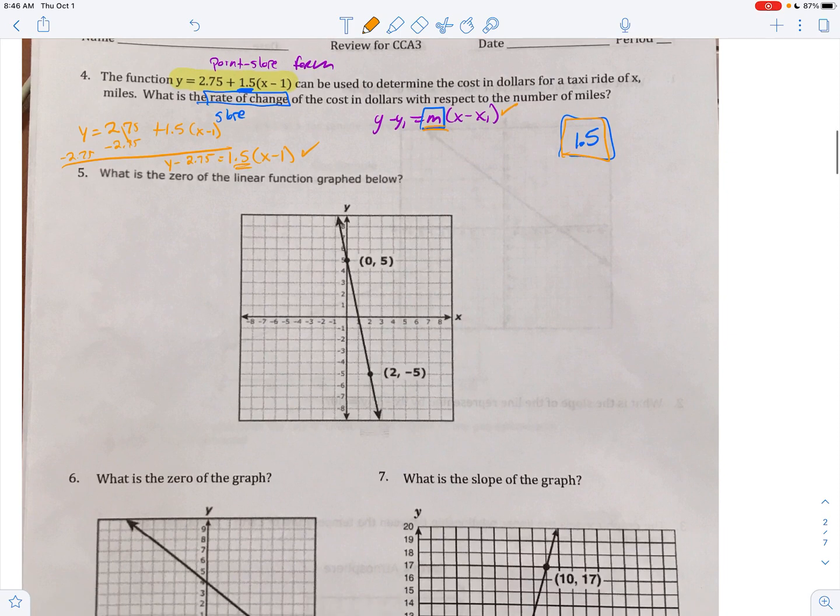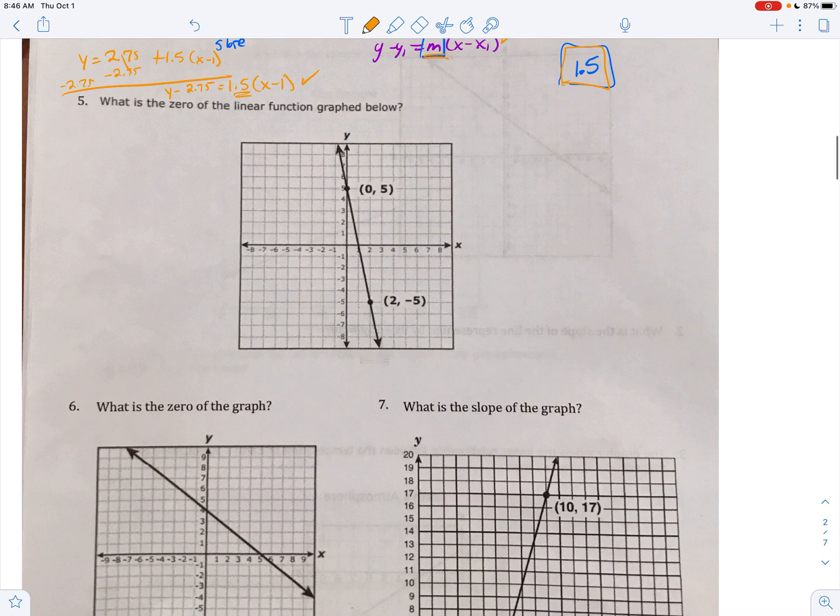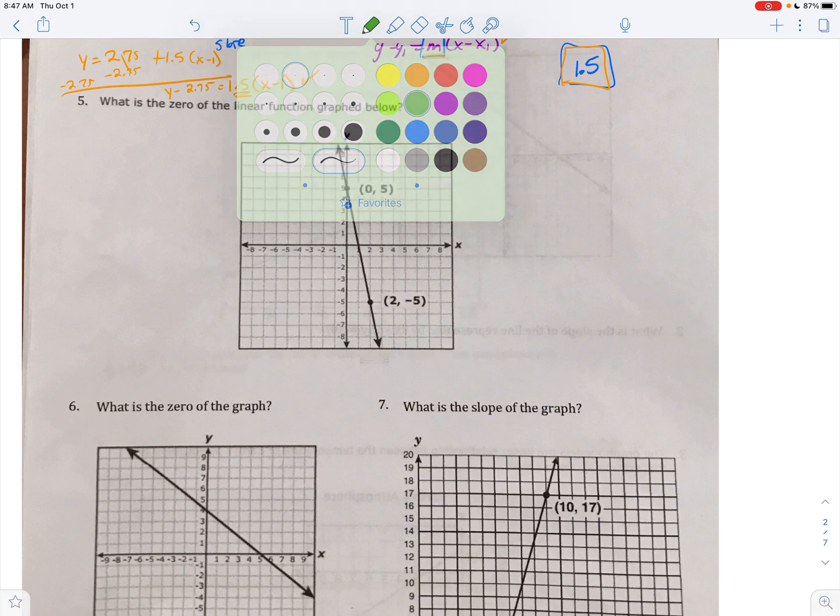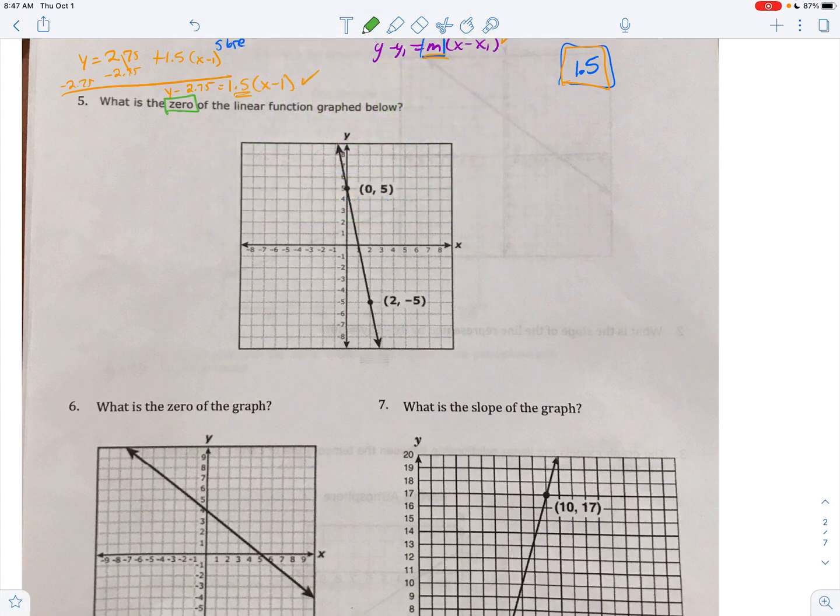Now for number 5, it says what is the zero of the linear function graph below? Note here that 0 means what? X-intercept. So we're looking for the point where the graph crosses the x-axis here, which is 1. So our x-intercept, or 0, is 1, or we say (1, 0).